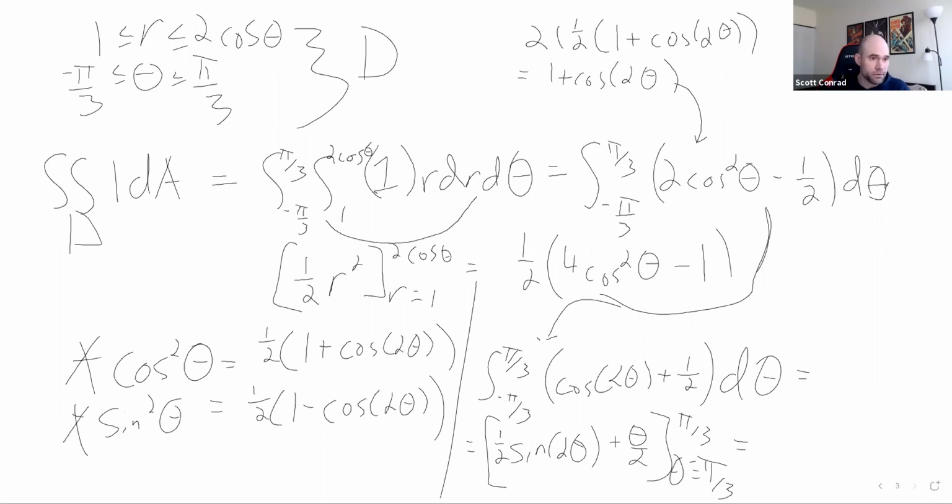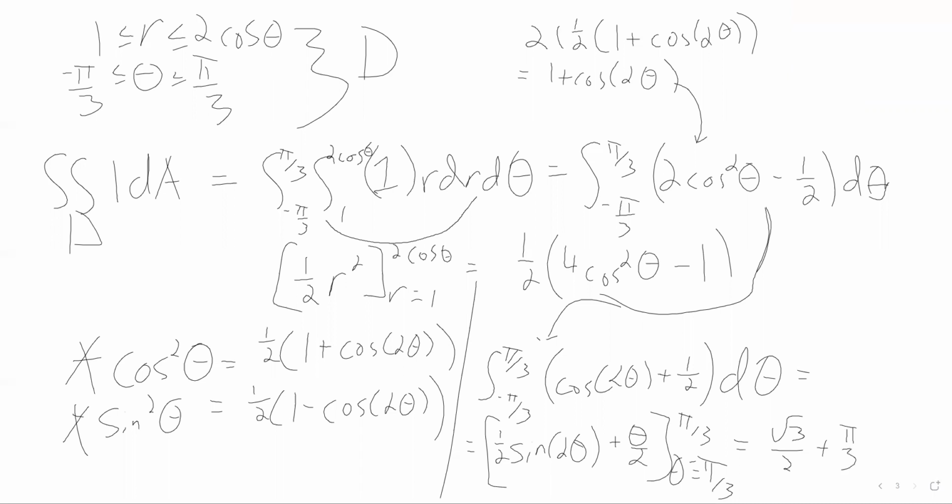Sine of negative 2 pi over 3 is going to be negative root 3 over 2. So we get root 3 over 2 from that first one. And then for the theta over 2, we just get pi over 6 minus negative pi over 6, which is pi over 3.